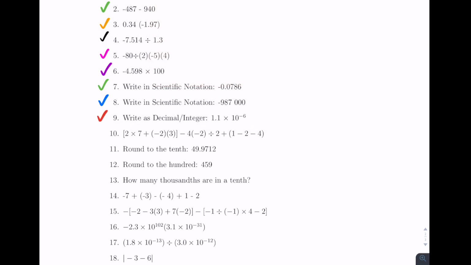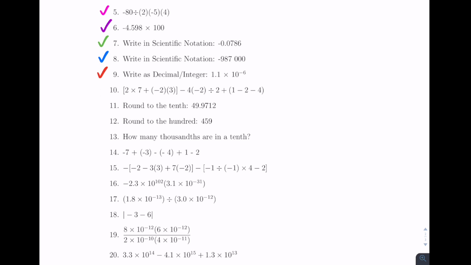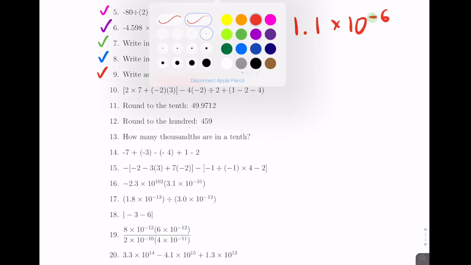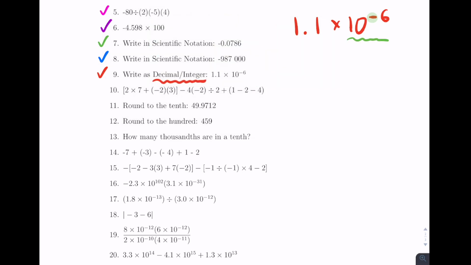Question 9. Now we have a scientific notation number, and it is asking us to write it as a decimal or an integer. In this case, we have a negative exponent, which means we are going to be dividing.